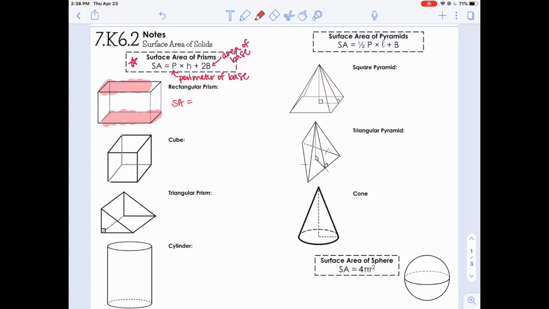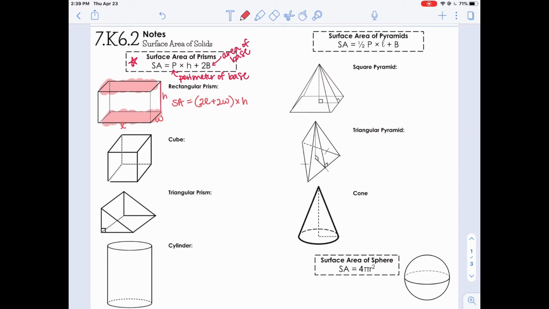For the surface area of a rectangular prism, we're going to take the perimeter. Perimeter of a rectangle is 2 times the length plus 2 times the width. Length and width are here. And then we're going to multiply that by the height of our prism, which is this vertical height here.